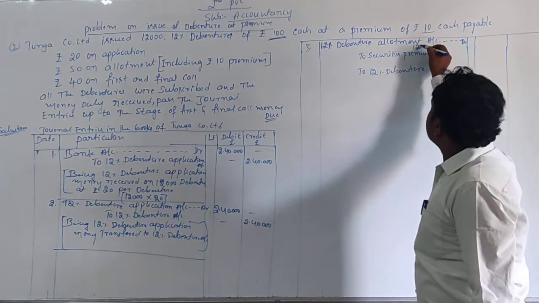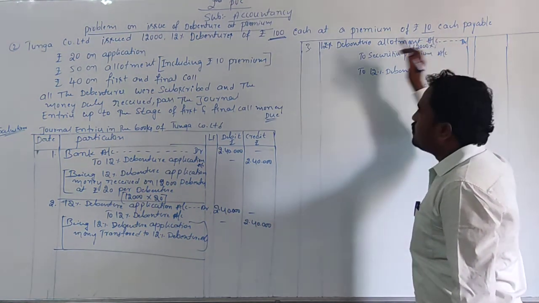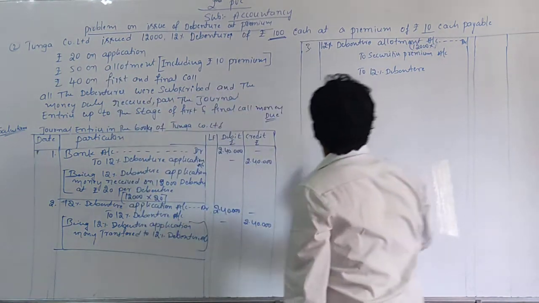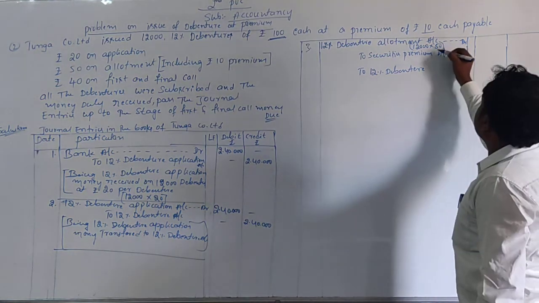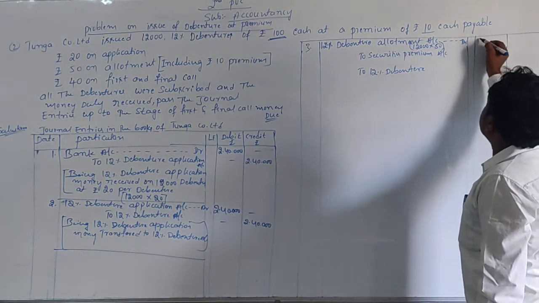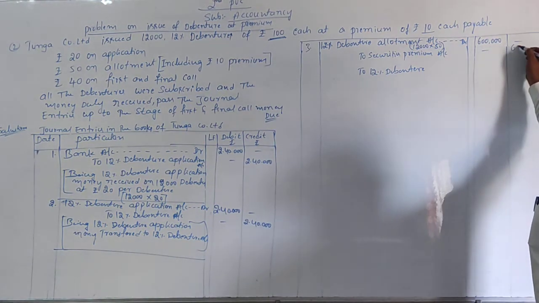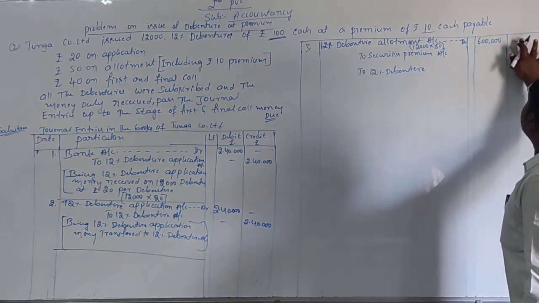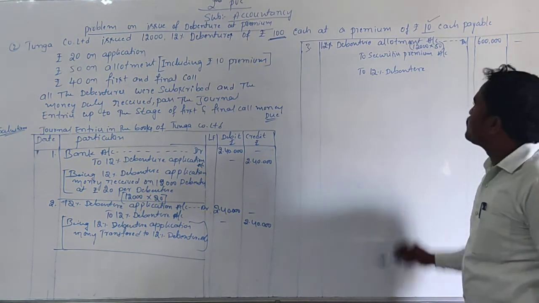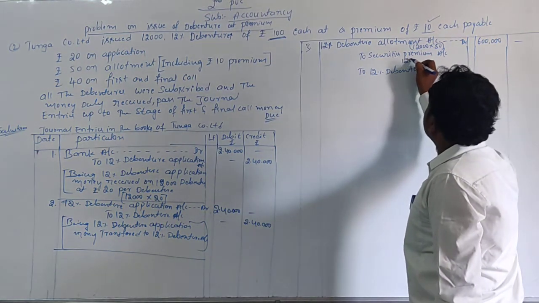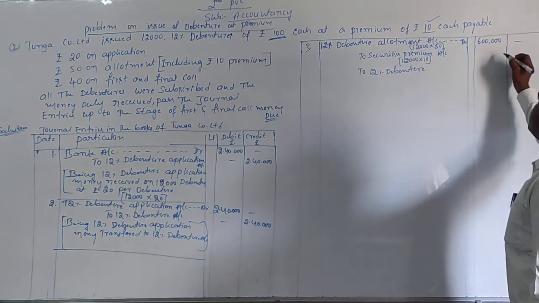Total debenture allotment account: 12,000 into total 50 rupees, 6 lakhs. Next, securities premium. How much premium is given? 10 rupees. So 12,000 into 10, 1,20,000.